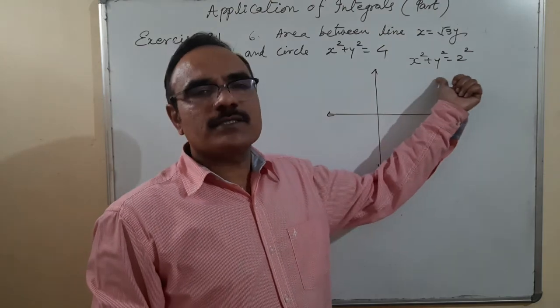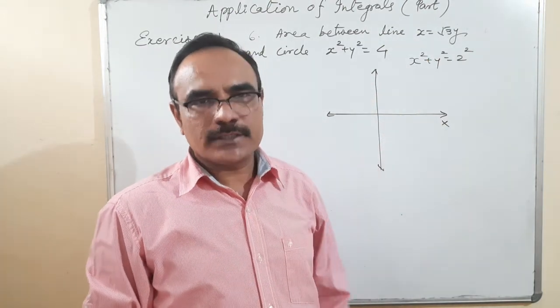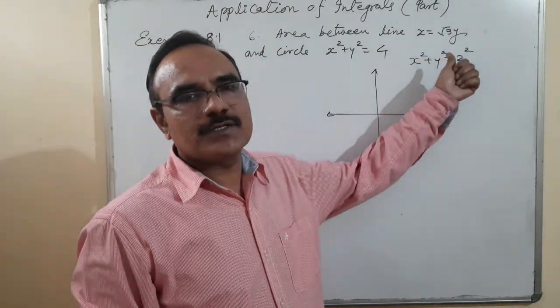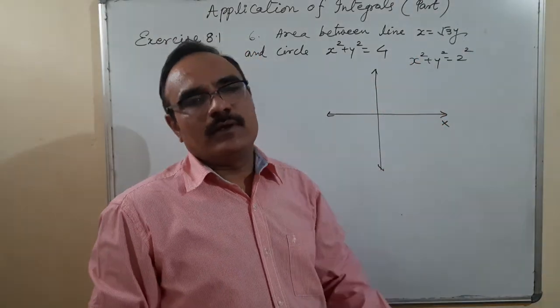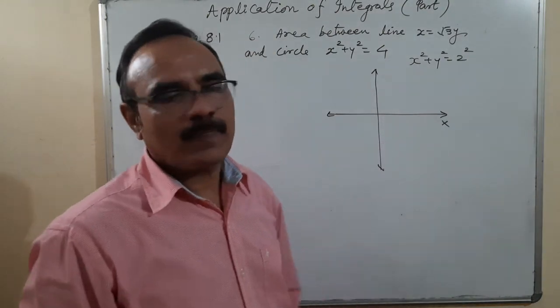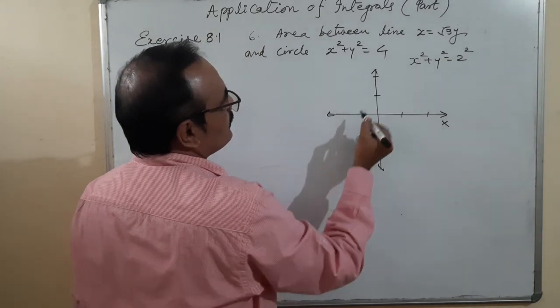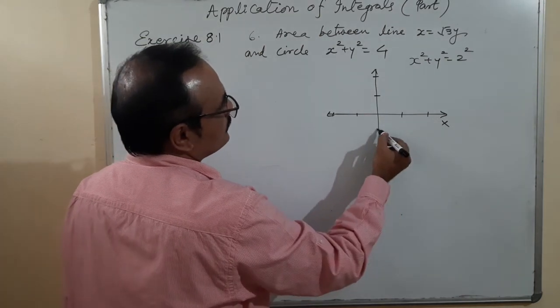What is the property of this circle? The circle has its center at origin, because x minus 0 whole square plus y minus 0 whole square is equal to r square. So its center is origin and radius is 2.